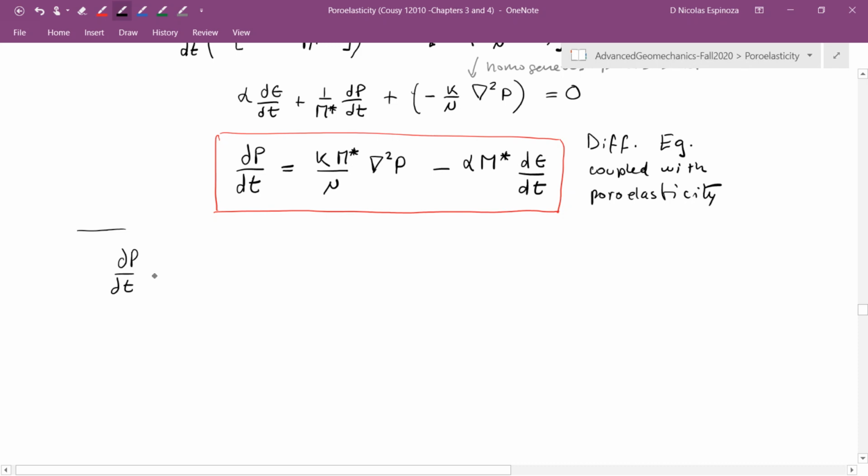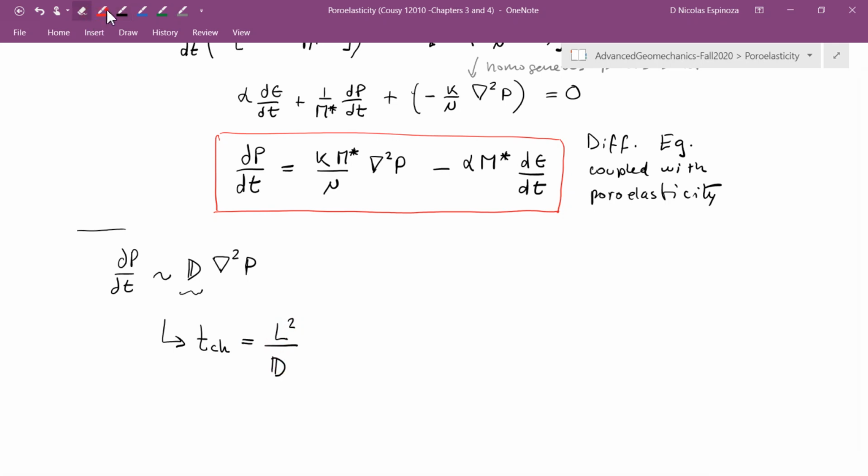This coefficient, we can simplify it and call it a diffusivity parameter, where we could use this diffusivity parameter, and this equation happens in many problems of physics, and it has a general solution that, for example, if you have a step load or an impulse load, then from here you will get a characteristic relaxation time, which is going to be equal to L squared divided by the diffusivity parameter, where, let me first frame this equation.